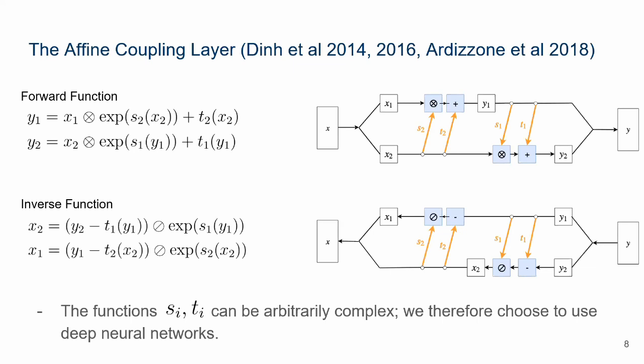We can compose those together and get a bijective function at the end. The great thing is that these functions can be arbitrarily complex. We can compose these all together in standard auto differentiation frameworks, and that whole thing is differentiable.